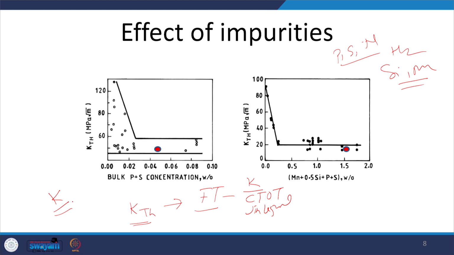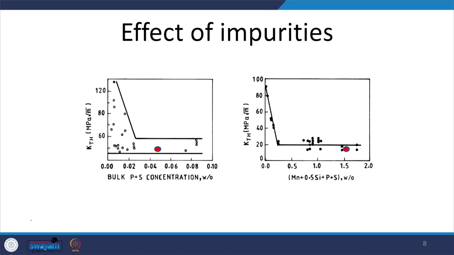Okay. So, what happens to the threshold value of the fracture toughness or theoretical stress concentration factor, like say with the changing proportion of the impurities like phosphorus and sulfur, what happens to the steel?